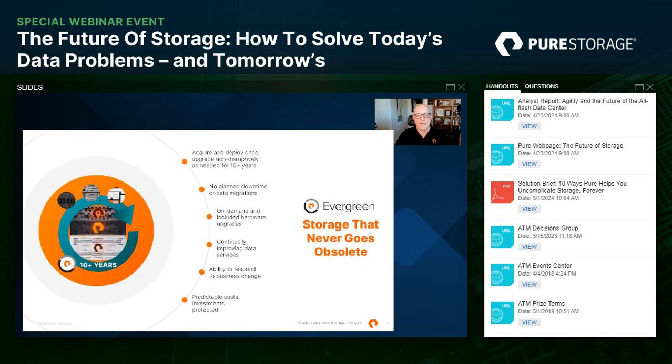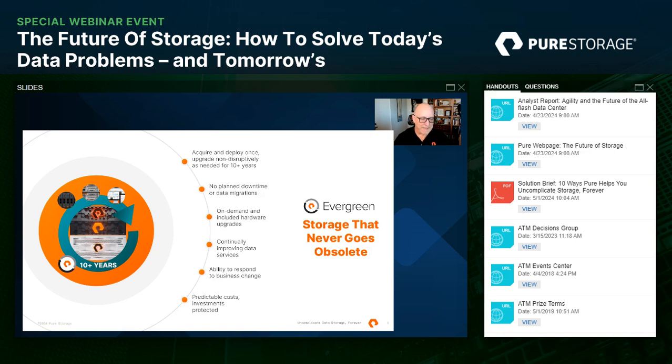And so now we'll dive into a little bit about what I teased, what Evergreen is. This is kind of a few different things. First and foremost, it is our architecture that we have developed over the years, basically from the very beginning. One of the key things that our co-founders heard from folks about the problems they were having with storage was that rigidity that we talked about.